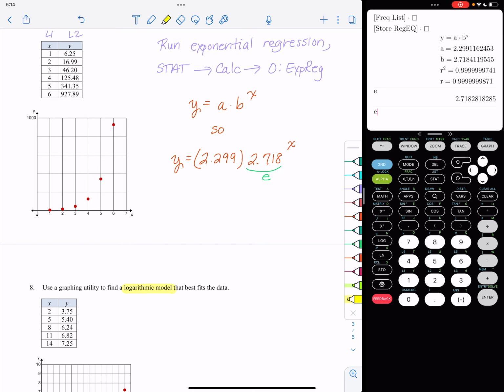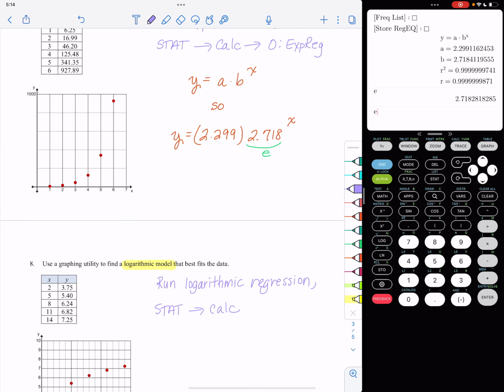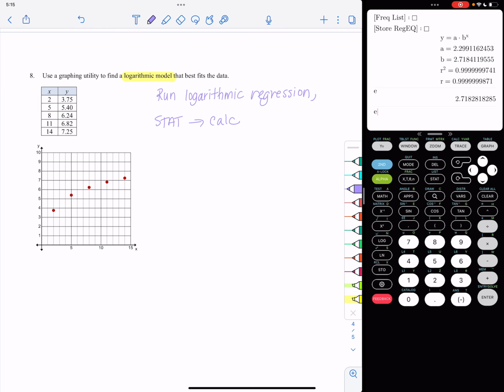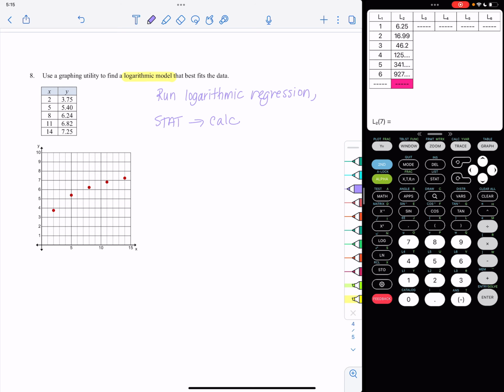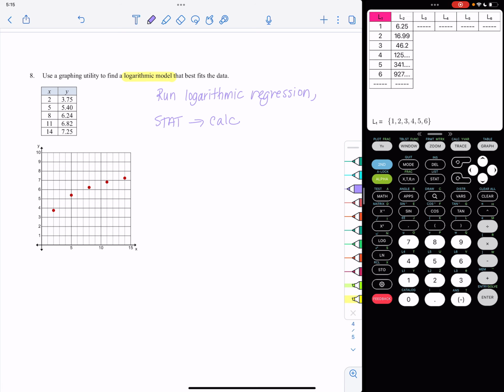So just like I wrote there, in order to run logarithmic regression, we're going to press stat, arrow over to calculate, and then I'll go ahead and show you where that is. So let's go ahead and put our data in. And so we should just be able to clear all of that. And I'm just going to go ahead and type right over it.